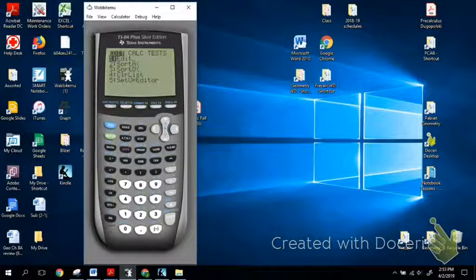This edits our columns. This is any calculation I want to do. Well, linear regression is definitely a calculation. So we're going to go over to calculate, and you're going to scroll down to the one that says linear regression, AX plus B. Some of yours are going to have a whole bunch of linear regressions. You're looking for the one that just says LinReg AX plus B. Some of yours, when you hit enter, will come up like this.